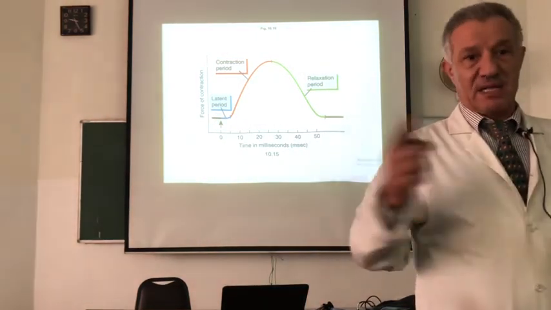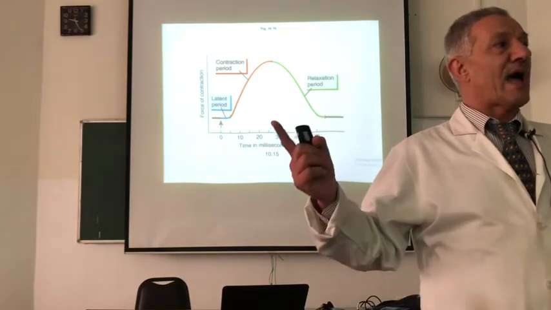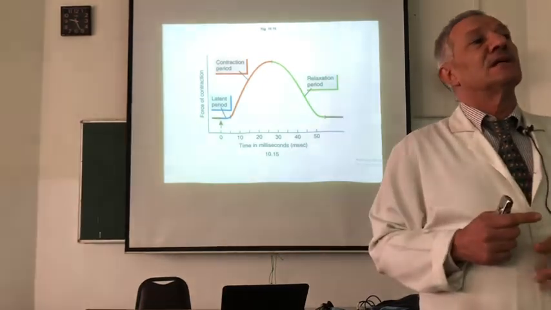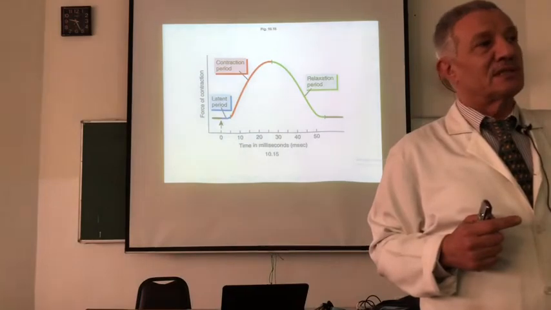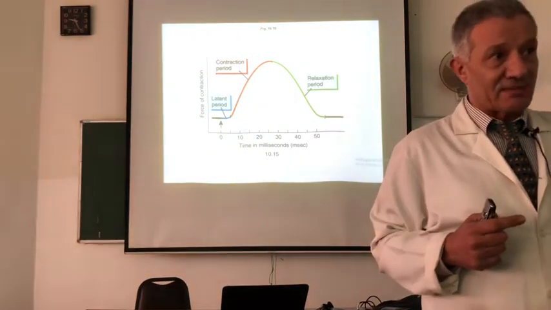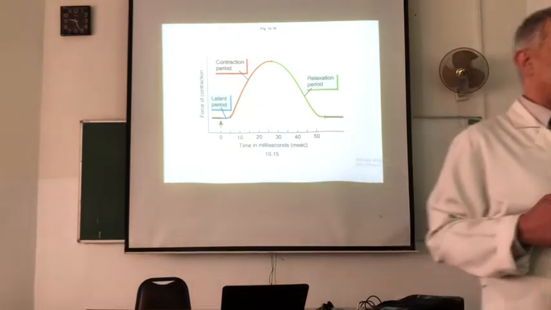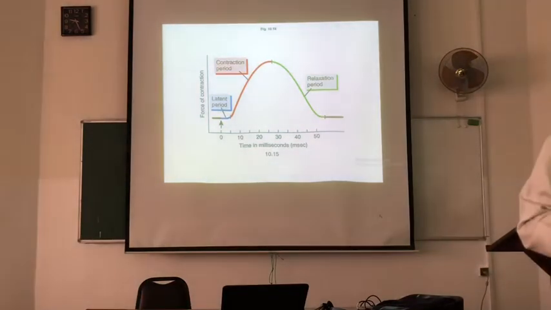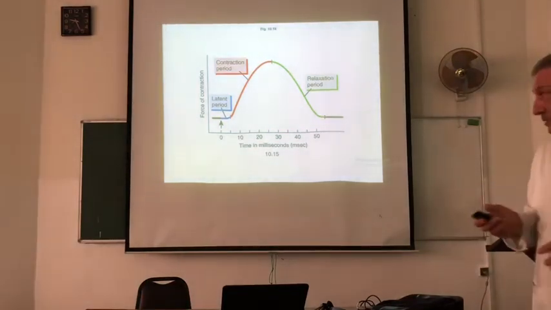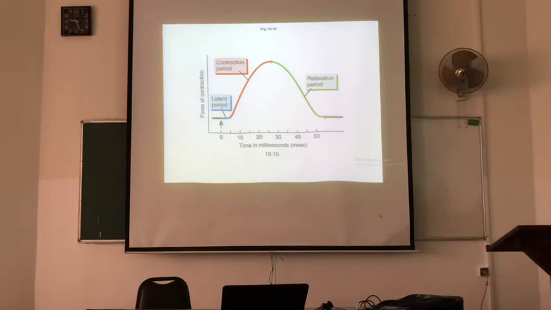What do you mean by isotonic? We have reduced the length, but what is constant? Tension in that muscle. The change in tension is almost zero. When you have a free preparation, the tension recorded is almost zero, actually.